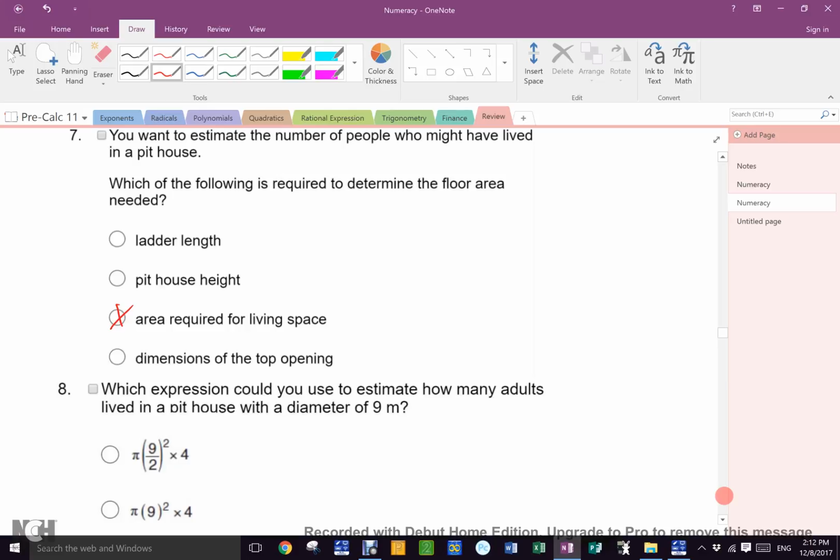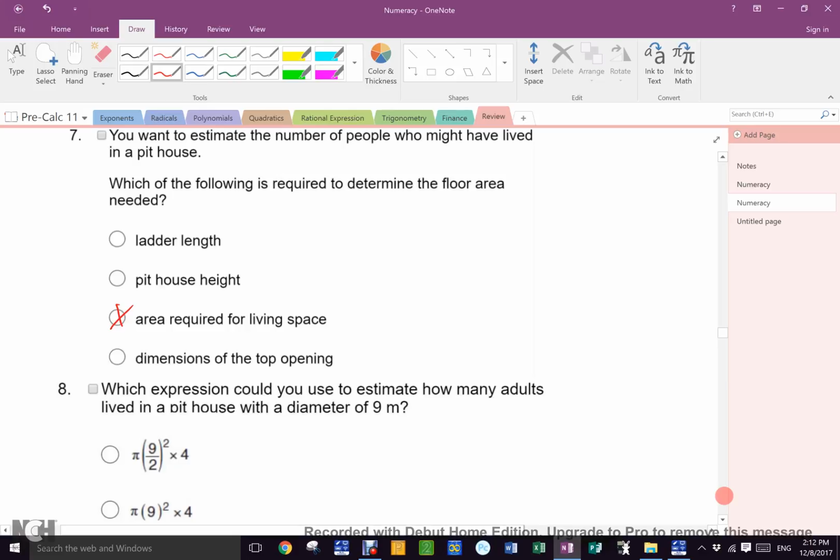The question says you want to estimate the number of people who might have lived in that pit house. So the only thing that matters is how much area one person needs to live. Doesn't matter how tall the ladder is. If I pull the ladder into the pit house, can I still live in it? Yeah, so the ladder doesn't matter.